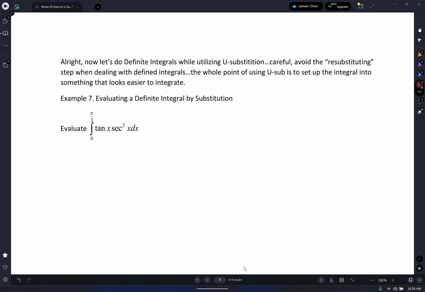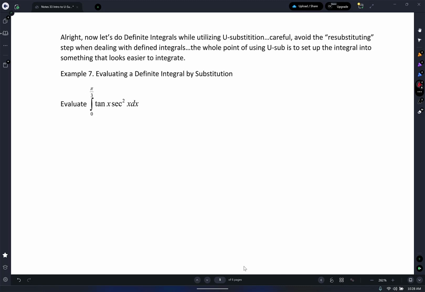If there's limits, all you're doing is trying to get the expression to be simpler and equivalent. So there's no reason to go back to x's, just leave it in terms of u. But you're going to have new limits, new everything. You're working on your new self. So forget the x. Work on you.